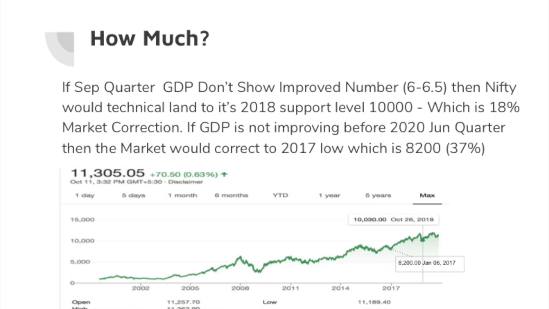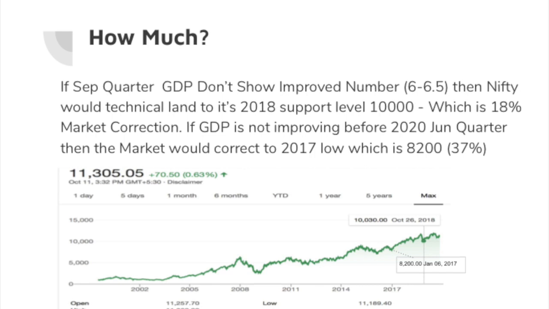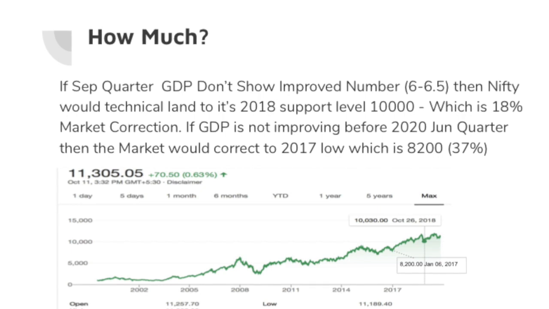Before going into the stats, let's see our Nifty chart. As of October 11th, 2019, our market ended at 11,300 points, and at that point in time our GDP was at 5.5 or 5.7 percent.